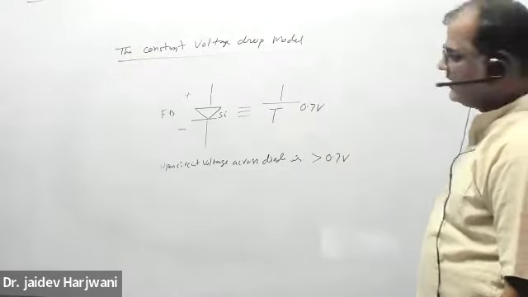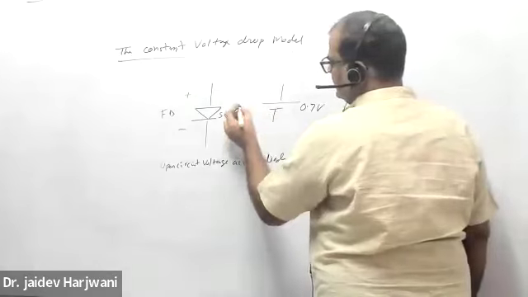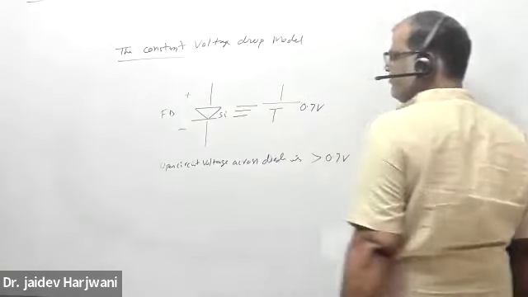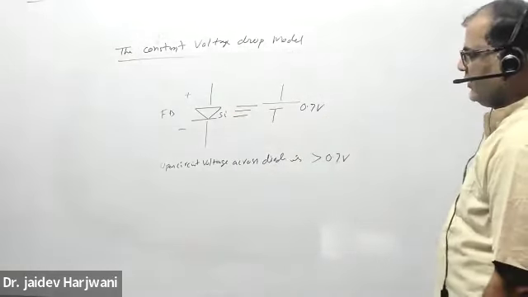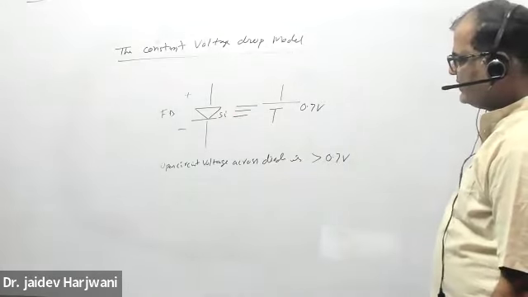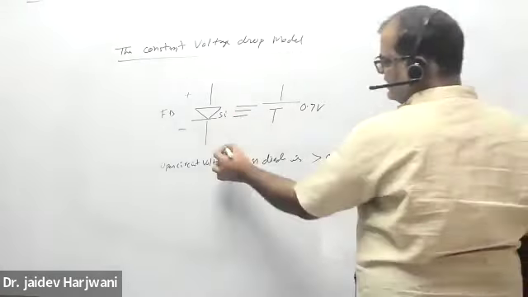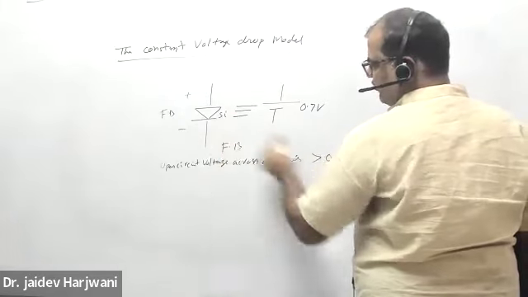But for forward bias, the condition is the open circuit voltage across the diode should be greater than 0.7.